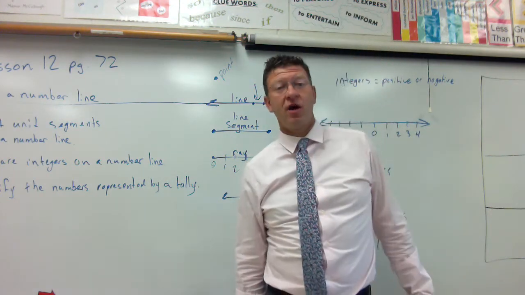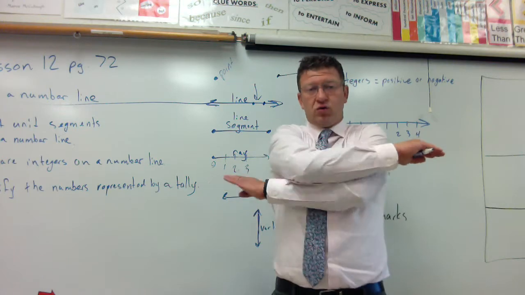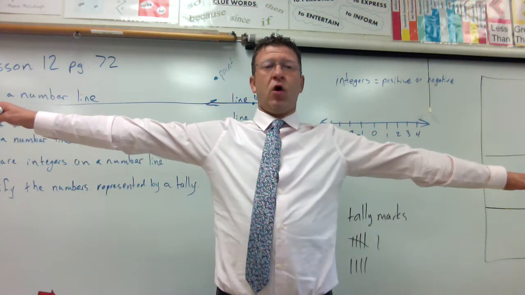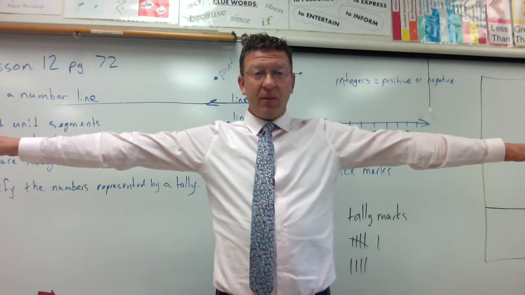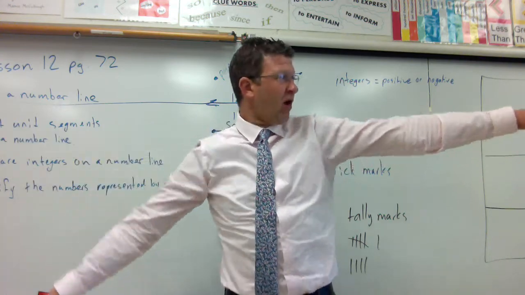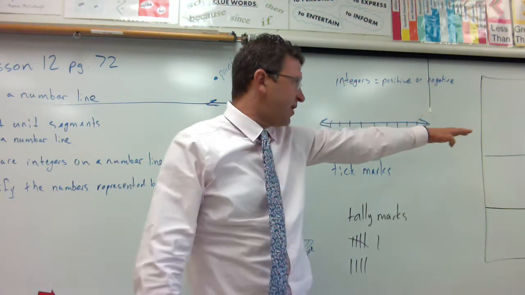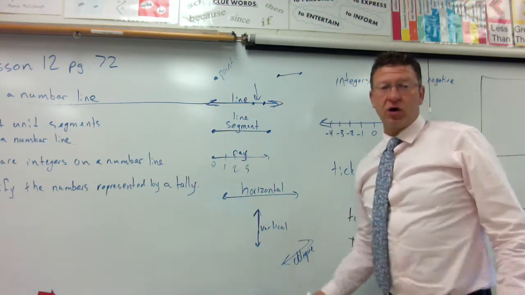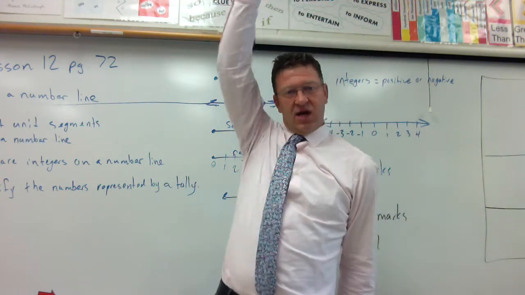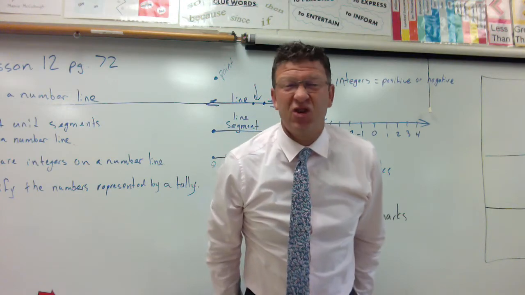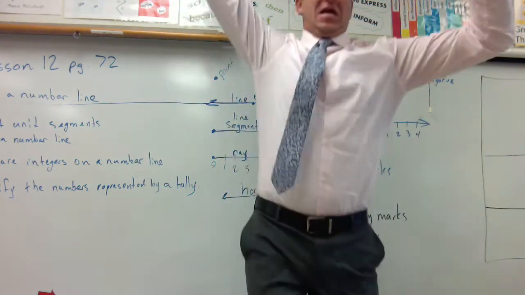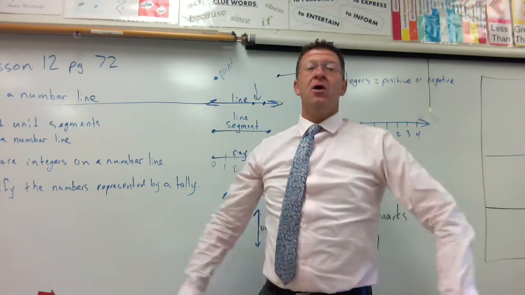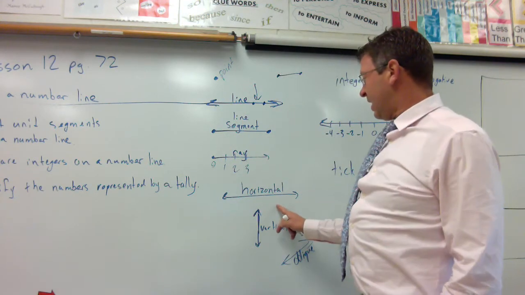All right, as long as we're taking care of lines, we have different ways to describe lines, and one of the ways is we can describe which direction they go. If it goes perfectly parallel to the ground, that's called horizontal. I kind of remember this by the horizon. The horizon out there is where the sun meets the earth, and it's a line. It's horizontal, okay? And vertical. I like to do vertical like this, okay? Now, sometimes super athletes test their vertical leap by jumping as high as they can, up and down.